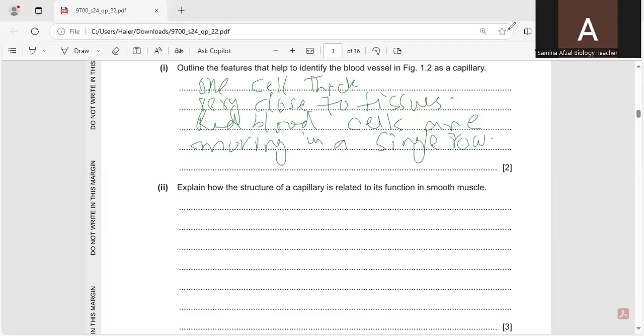So in this way, we can easily identify this is a blood capillary, which is only one cell thick, very close to the tissues, and red blood cells are moving in one single layer, or you can say in one row.